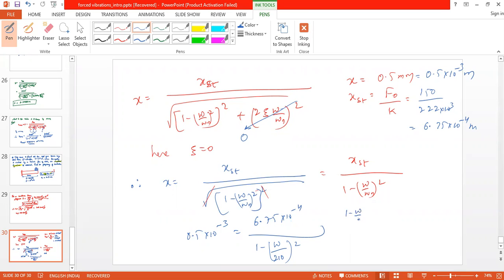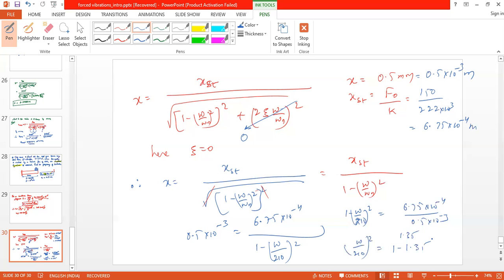So this can be written as 1 minus omega by 210 whole square is equal to 6.75 into 10 power minus 4 divided by 0.5 into 10 power minus 3. So it is 0.675 by 0.5, so it is 1.35. Omega by 210 whole square is equal to 1 minus 1.35.